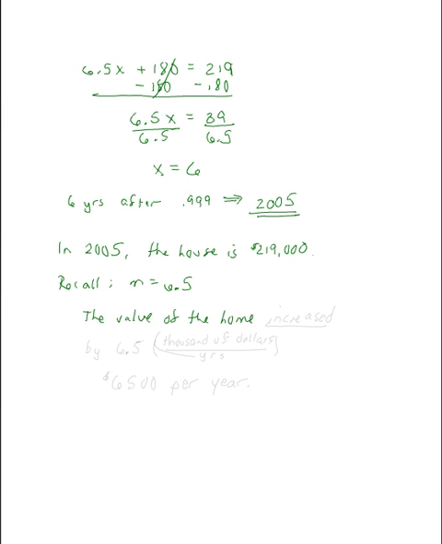Now the number we had was 6.5, but it was originally measured in thousands of dollars, and our x's were measured in years, so we really should translate this correctly. 6.5 times 1,000 is $6,500 per year. So even though we had that number 6.5, in the translation, that would be 6.5 thousands of dollars, or $6,500 per year.